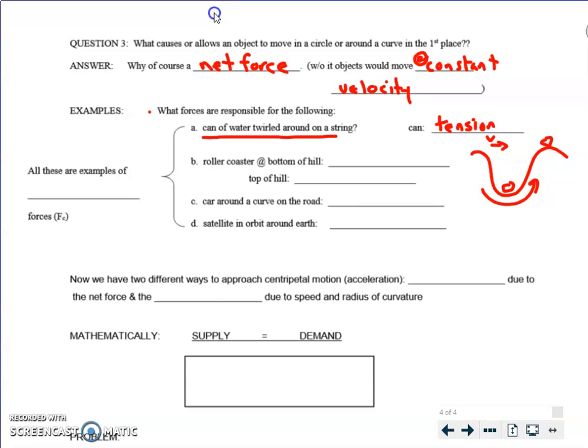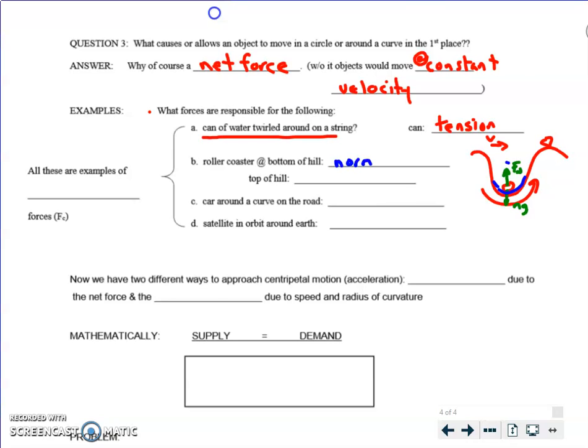If I'm at the bottom of the hill, I've got a normal force pushing up, and I've got gravity pulling down, mg. Since the center of the circle is right here somewhere, because we're inside the curve, the force that really pushes you towards the center is the normal force.